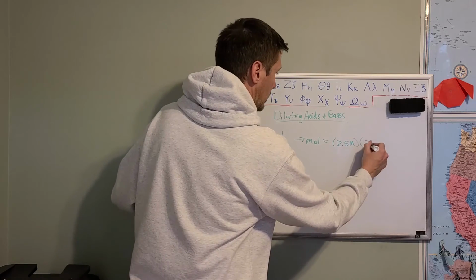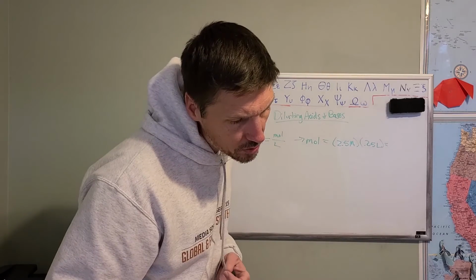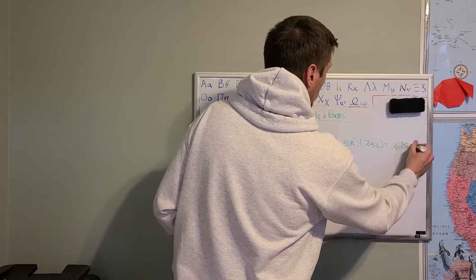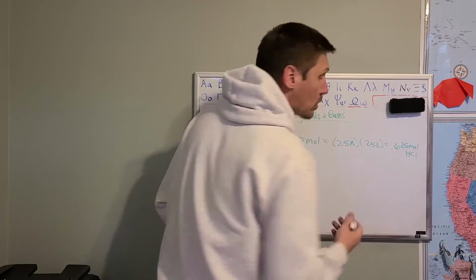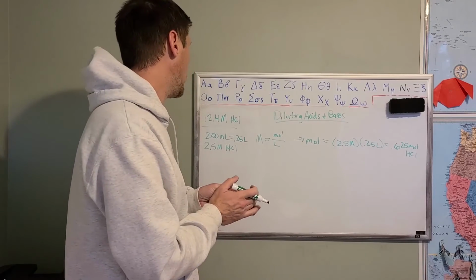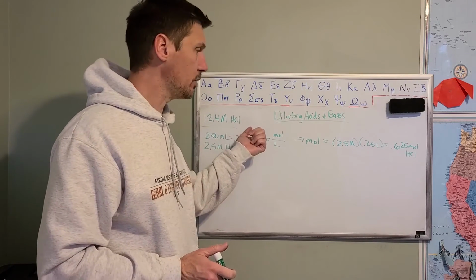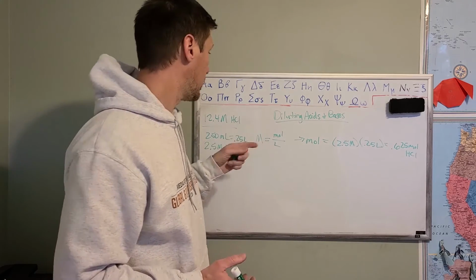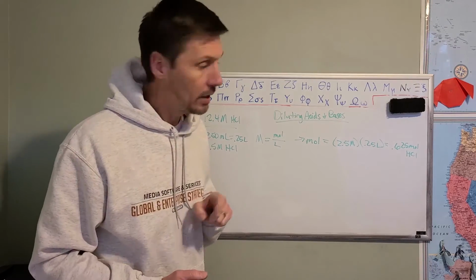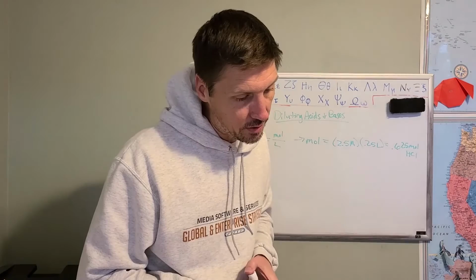That gives us our number of moles, which is 0.625 moles of HCl. That's what we want. So how do we dilute this down so that we can have 250 milliliters of solution that has exactly 0.625 moles of HCl in it?